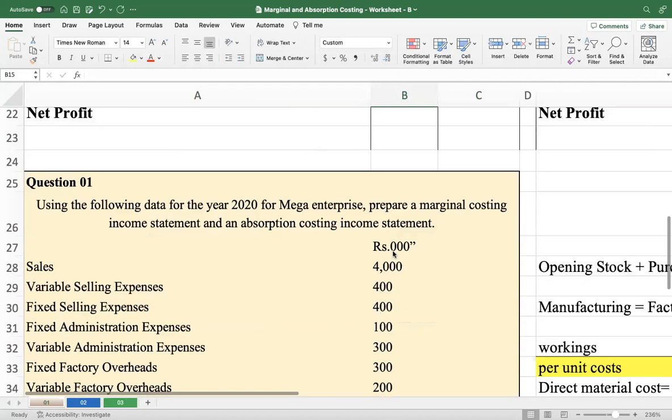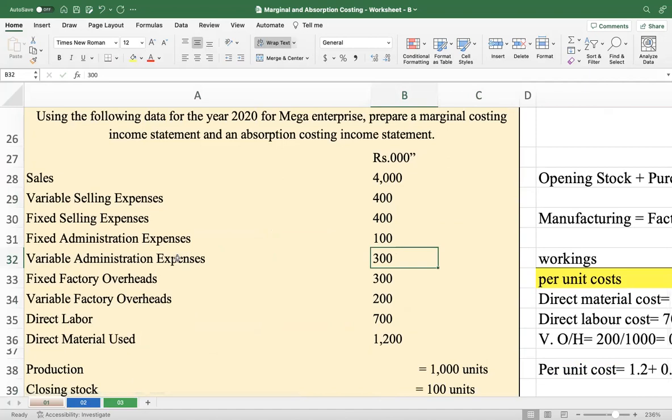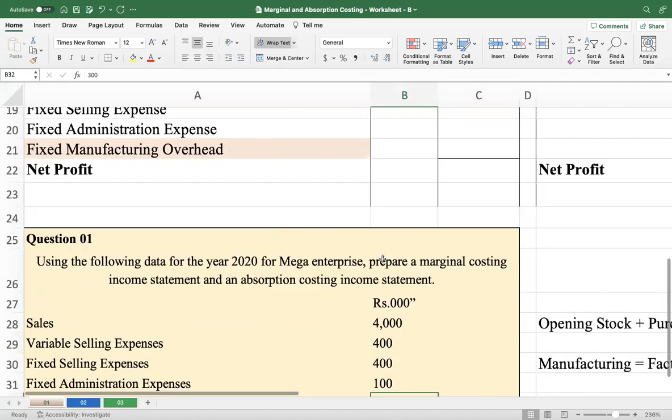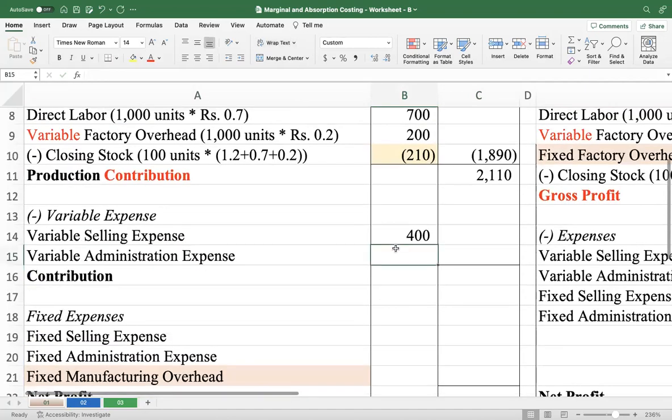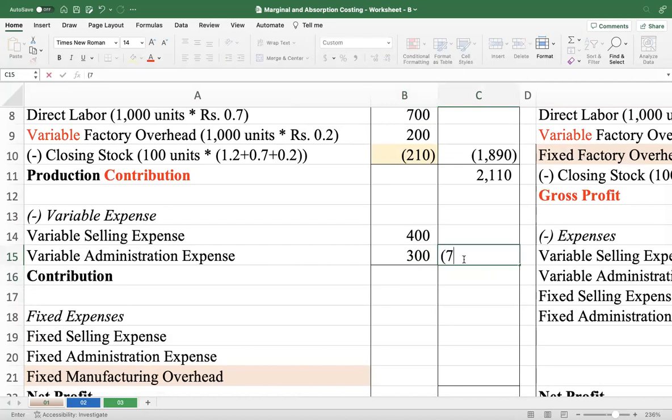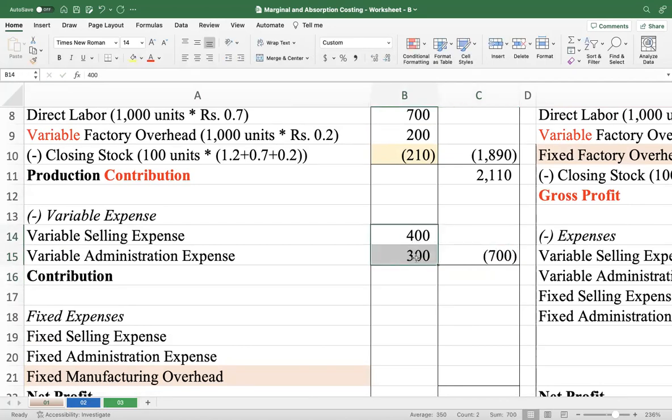Then we have variable admin expense. That is 300. So we need to deduct this 700 as well, the summation of these two, from the production contribution.